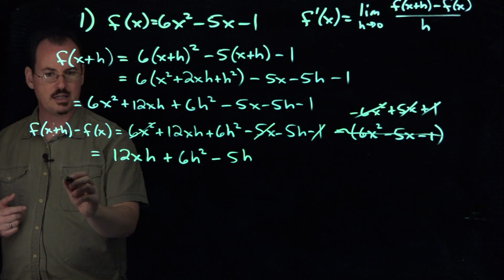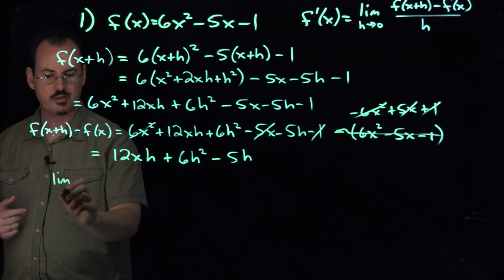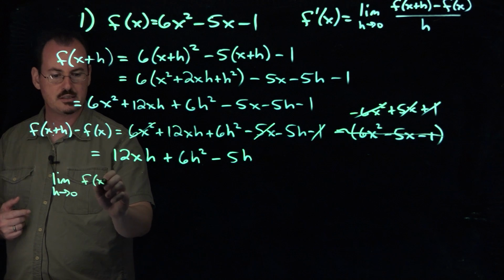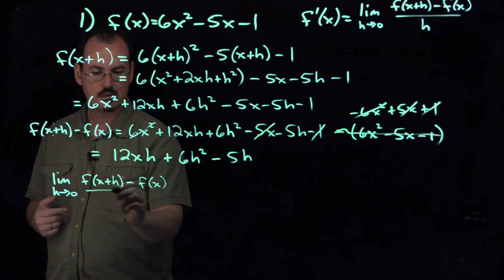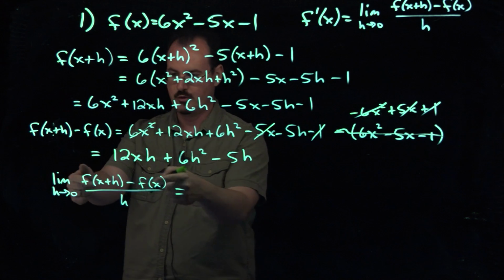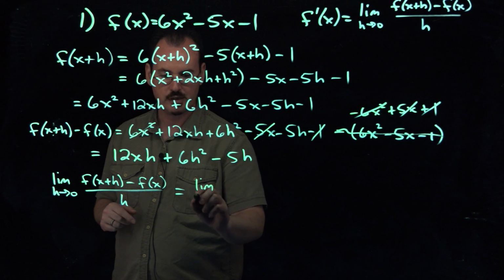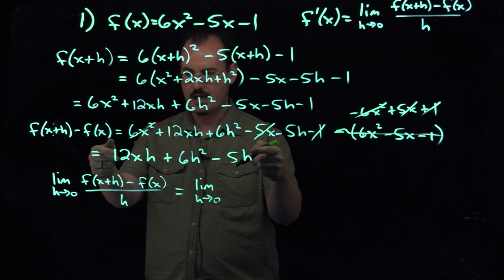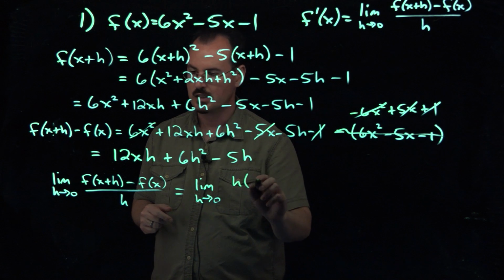Now remember, the next thing we want to do is take the limit. I'm going to put the limit in front here because I'm running out of room. Take the limit as h approaches 0 of f of x plus h minus f of x divided by h. Now the numerator, f of x plus h minus f of x, is what we just found. But we notice that we have an h common to all the terms, so we can factor it out.